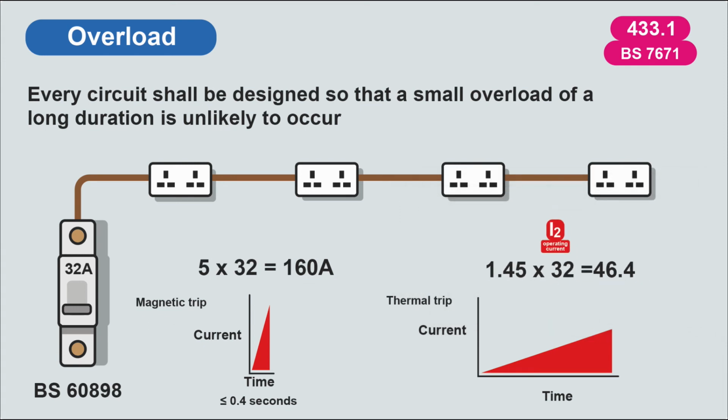For an MCB, that's generally 1.45 times the rated current, so that will be 46.4 amps for a 32 amp MCB. But we can look at the actual time curve graphs and we can see how much current will flow to make the MCB start thinking about tripping and how much current will flow for the MCB definitely to trip.